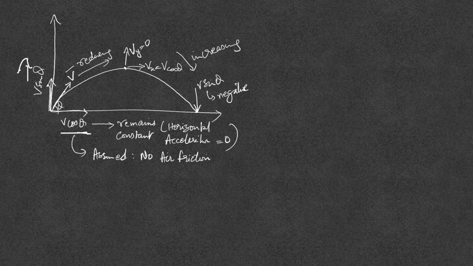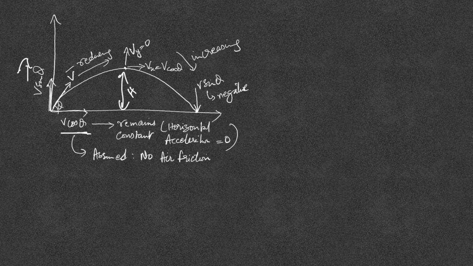Okay. But the vertical velocity keeps on reducing, that is v sine theta keeps on reducing. At the very top, at the highest point, it is actually 0, and then the velocity keeps on increasing because of gravity, and at the point it hits the ground, the velocity is actually again v sine theta but in the opposite direction.